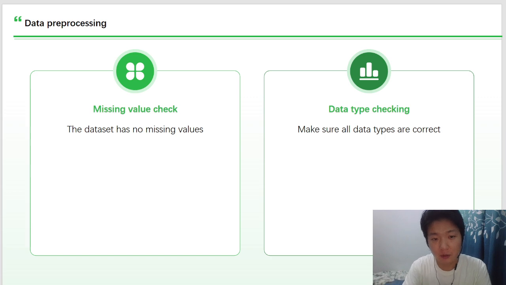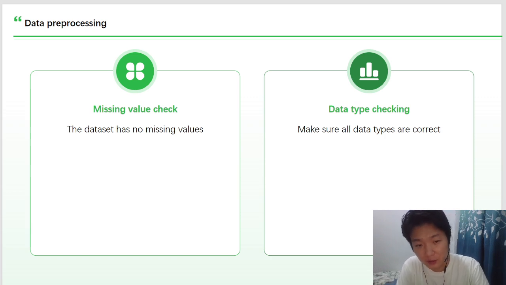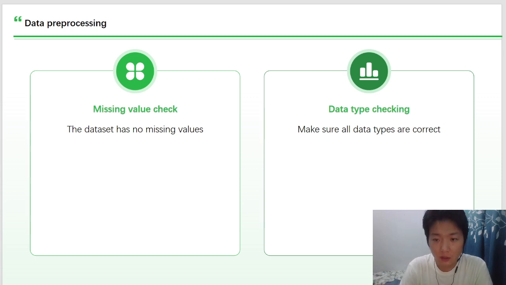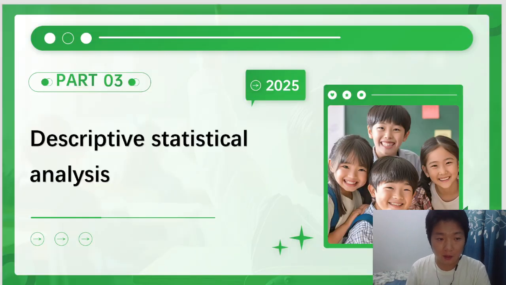It is lucky for me because the data set is clean, so there are no missing values and all of the values in the data table are correct. So we do not need to clean the data, and we can use it.